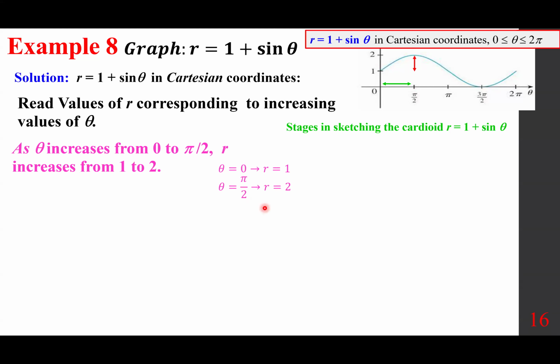So just to give you an idea, we have the graph here. When theta is 0, r is 1. When theta is pi over 2, r is 2. That's the first. And so you start from this point, and you end up with this point from 0 to pi over 2, and you just move.